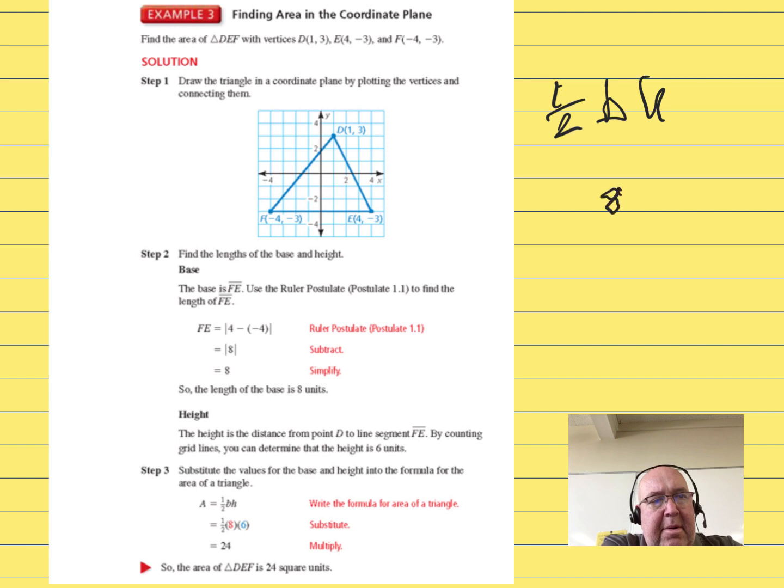And we see that the height is from -3 to +3, which is going to be 6 units. So we're going to have 1/2 times 8 times 6. So 1/2 of 8 is 4, times 6 is 24 square units.